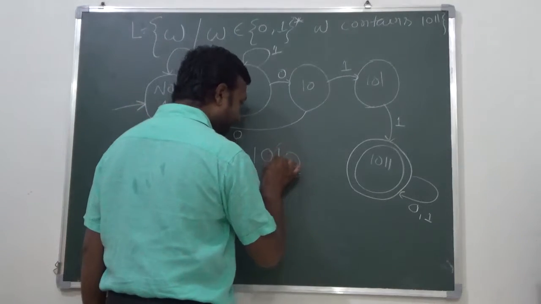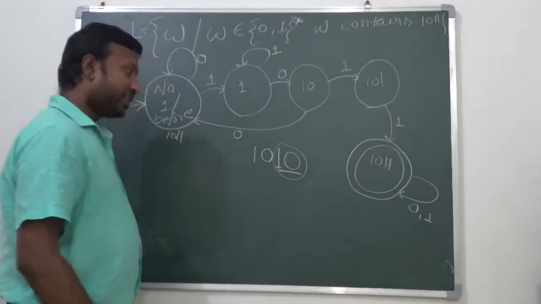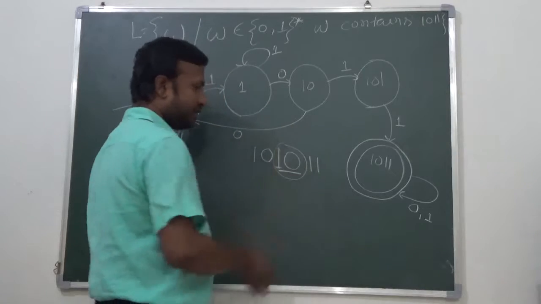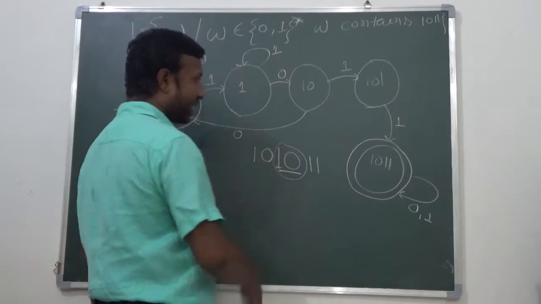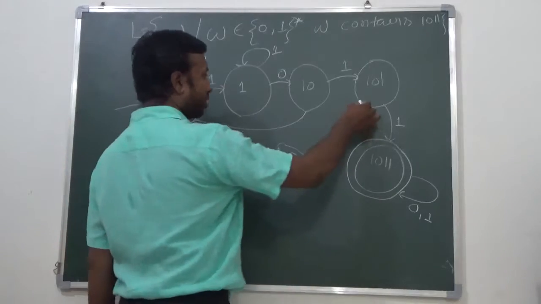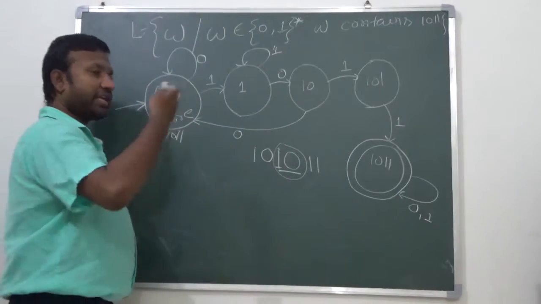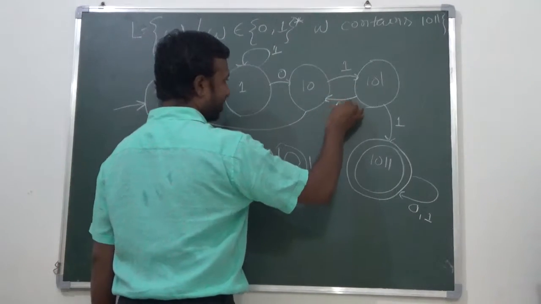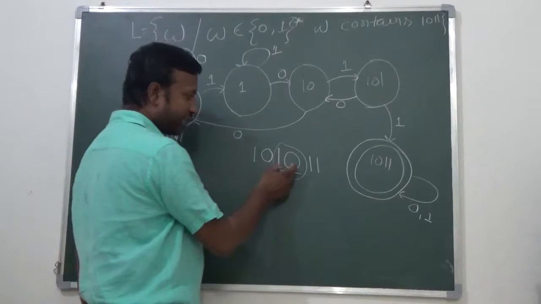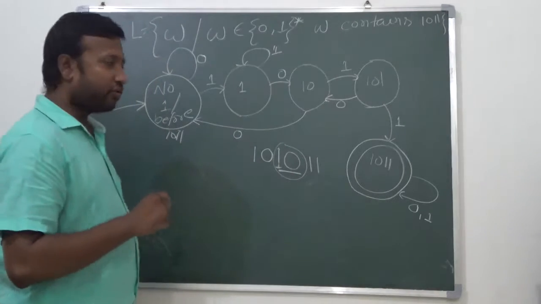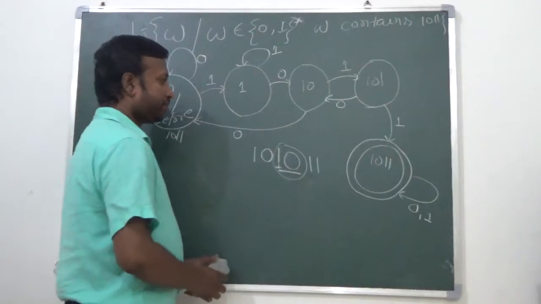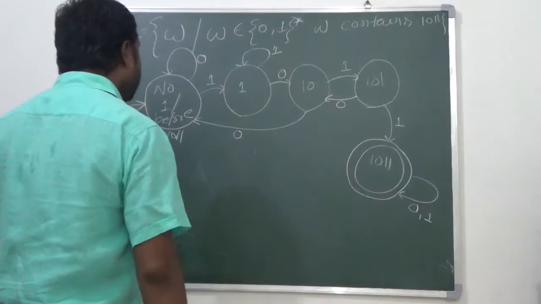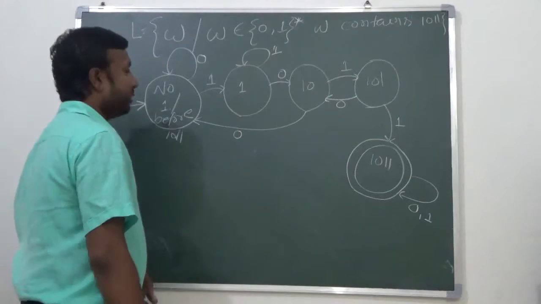Still there is 10, so there is a hope that if I get 1 later, then we accept it. So the machine will not come to the start state to process everything from the start. Rather, the machine comes back to this state because the machine has already seen 10. It is not losing the pattern completely. So this is the finite state machine for this language L.